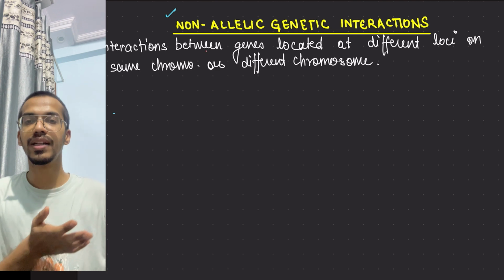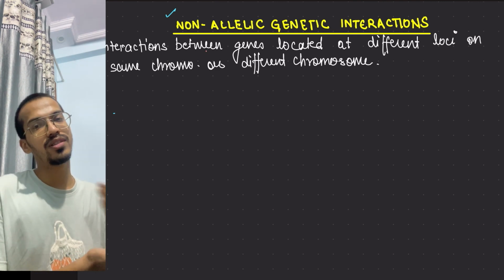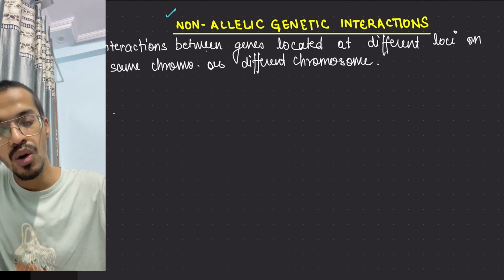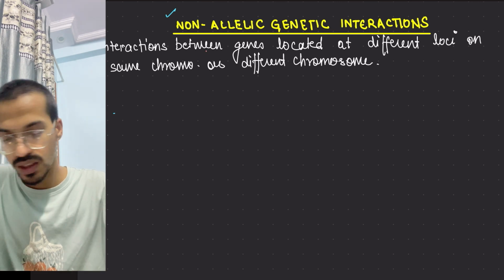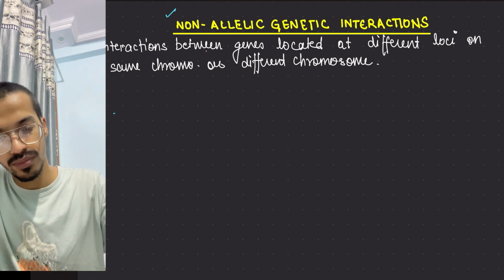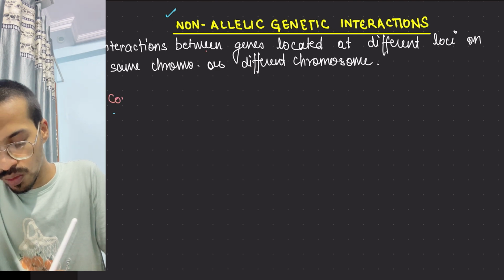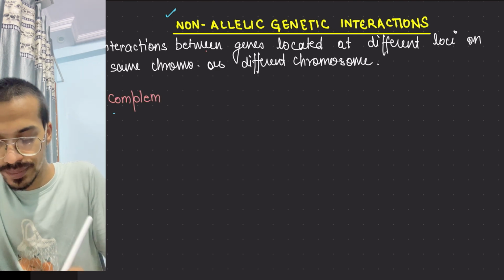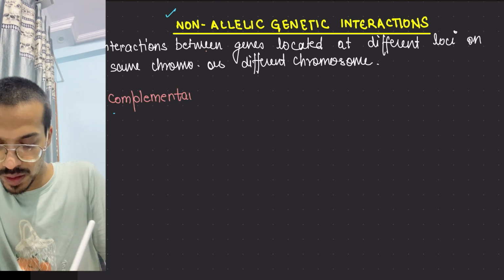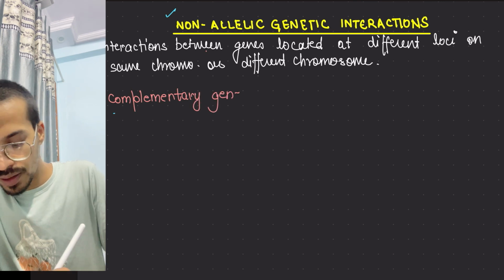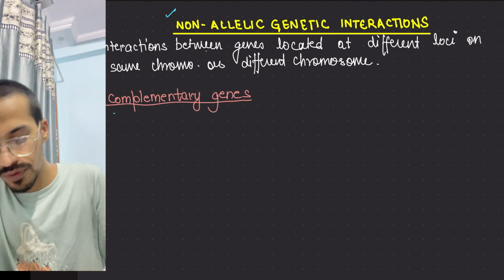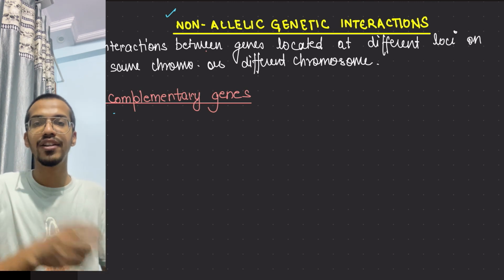So here we have multiple of them. Number one, we're going to start with the complementary genes interactions. Complementary means that if you are getting one thing, another thing is added complementary to it.